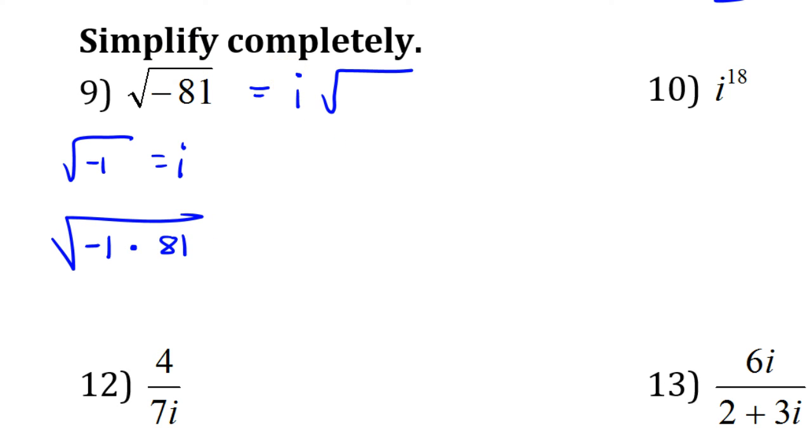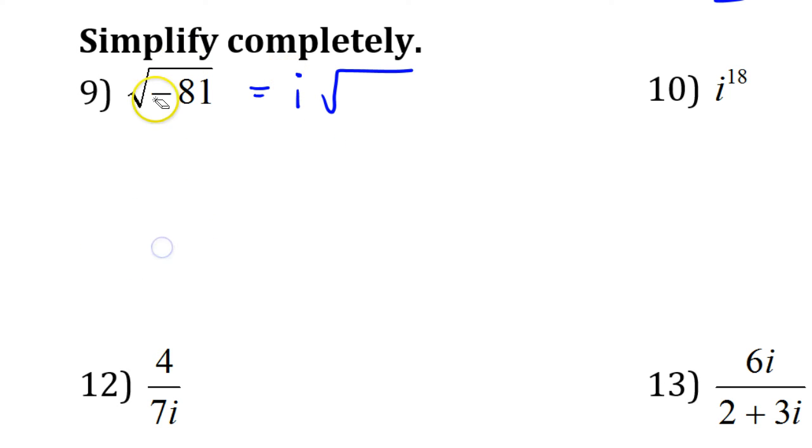You don't really do all that though. You just look at that negative and you bring it outside as an i. So that means you have i radical 81. Now we know the square root of 81 is 9, and the i goes on the right. So the answer would be 9i.